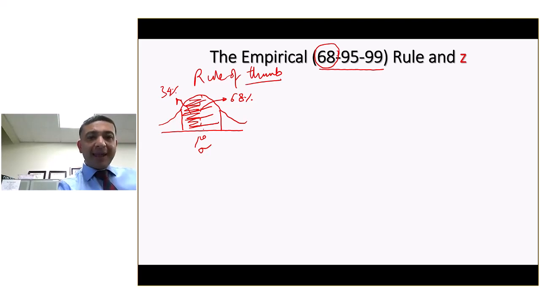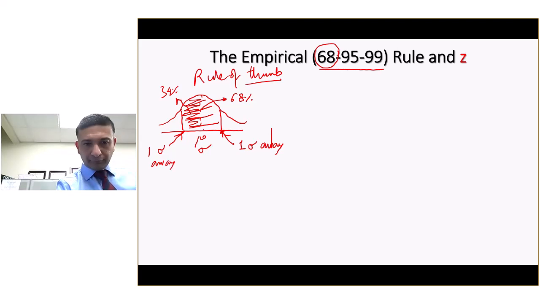When you look at the two ends of that cut, this point here will be 1 sigma away from the mean, and this point here will also be 1 sigma away from the mean.